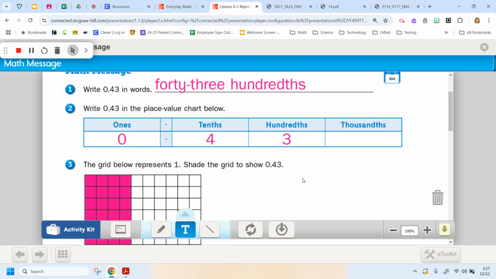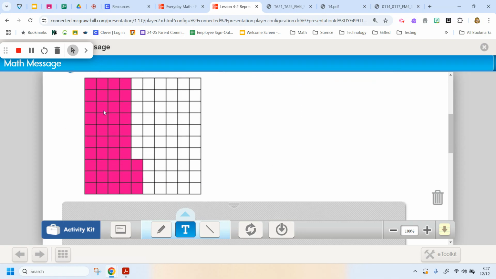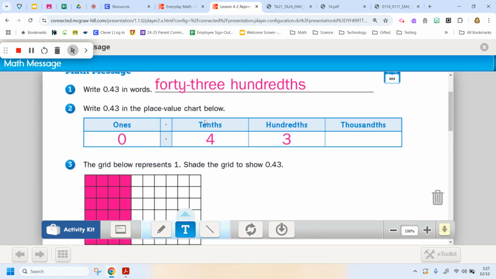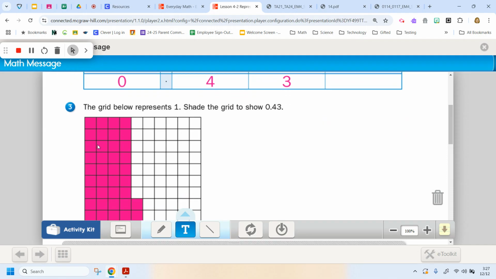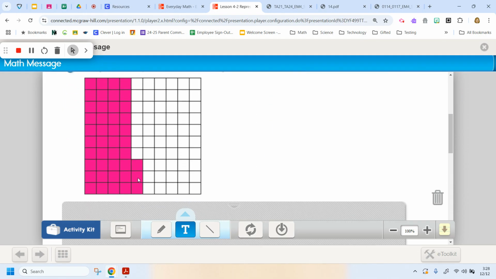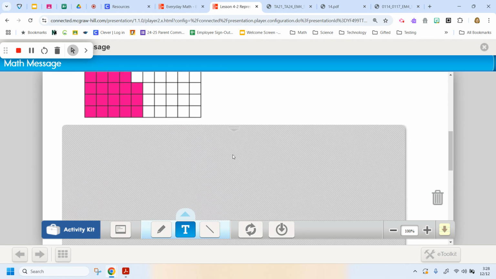All right, the shading, what we are really focusing on today, we would have 4 columns shaded in, because each column represents a 10th, and we have 4 of those 10ths. So 4 columns shaded in, and then we would have 3 squares shaded in, because each square represents a 100th.